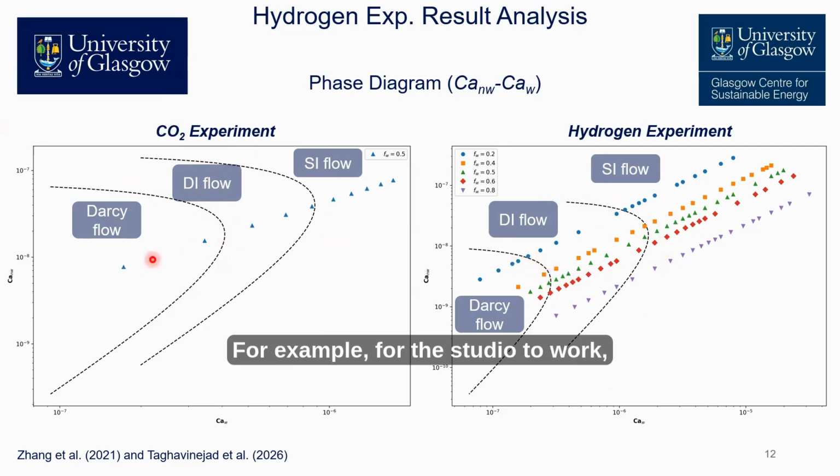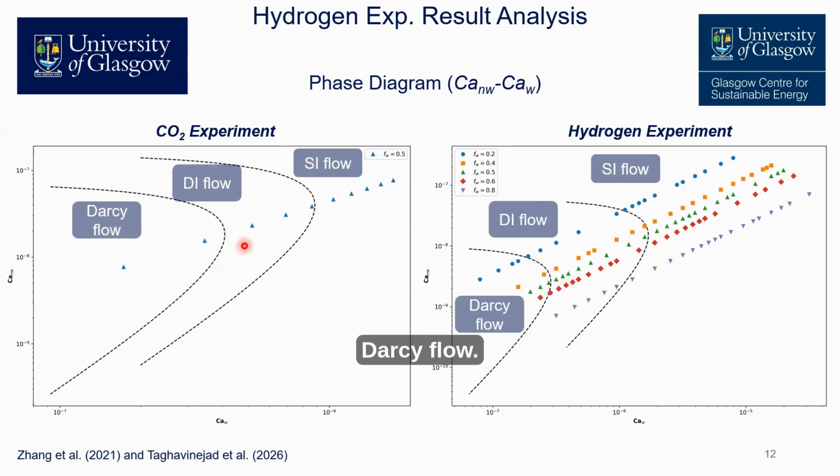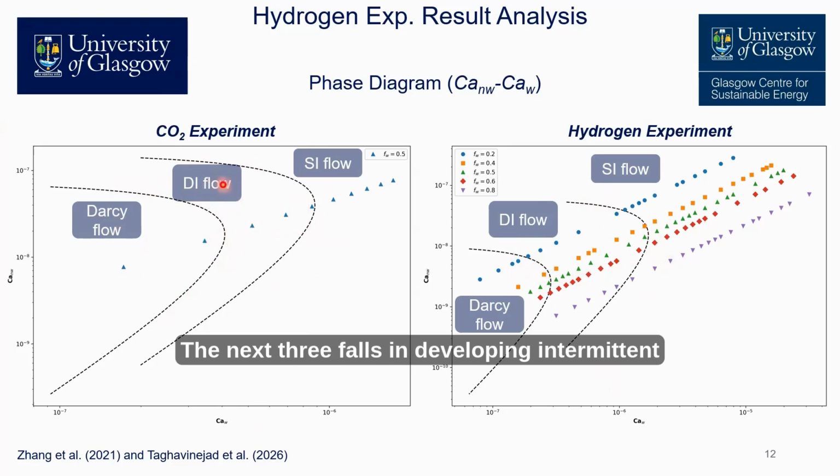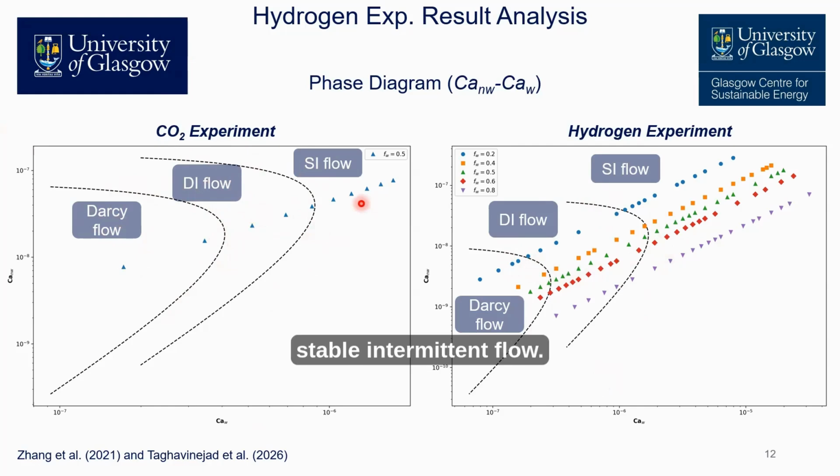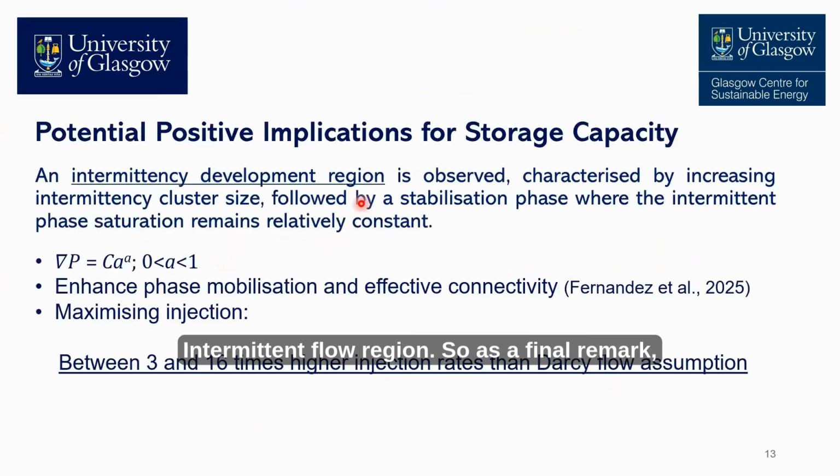For example, for the CO2 work, the first two capillary numbers fall within Darcy flow, the next three fall in developing intermittent flow, and the remainder are in the stable intermittent flow region. So as a final remark, we can say that we can define a potential positive implication for the storage capacity of the gas to be stored, hydrogen or CO2.